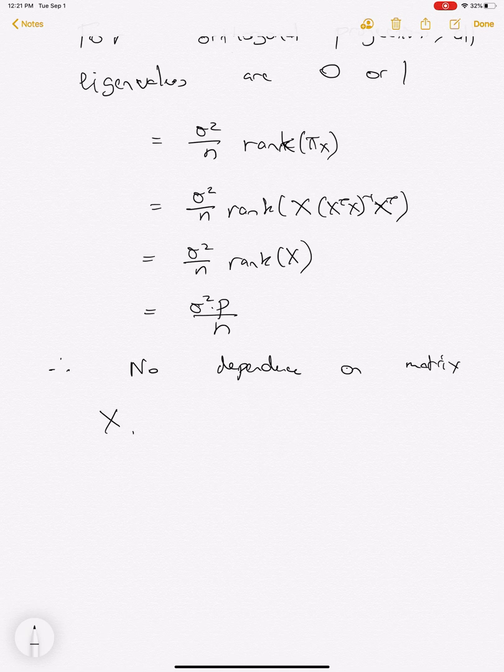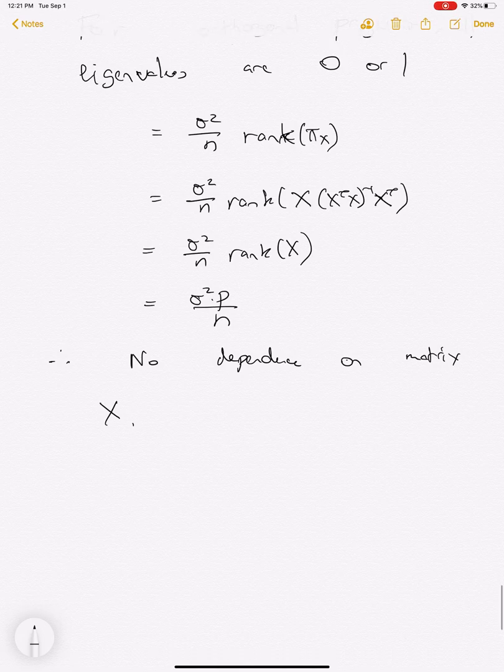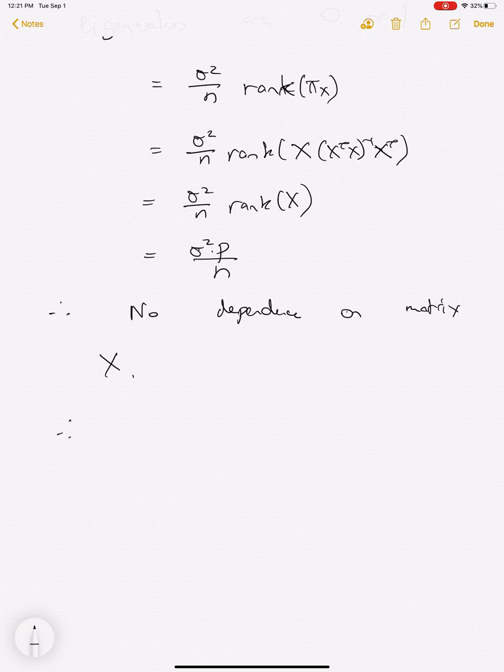It only depends on the sample size n, the number of parameters p, and the noise variance sigma squared. So the MSPE that we get is sigma squared p over n.